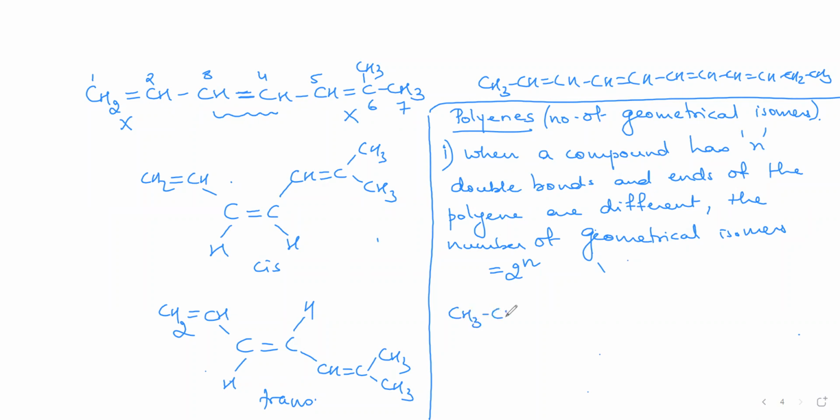Say for example, if I have this compound. Can I say the ends of the polyene are different? This end has a methyl group and this end has an ethyl group. Am I right?